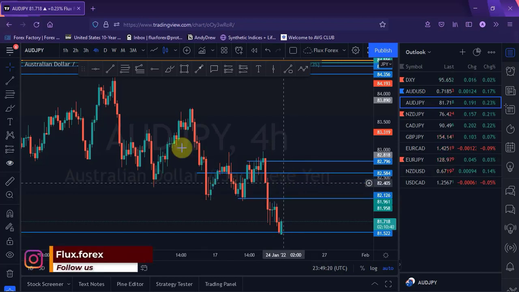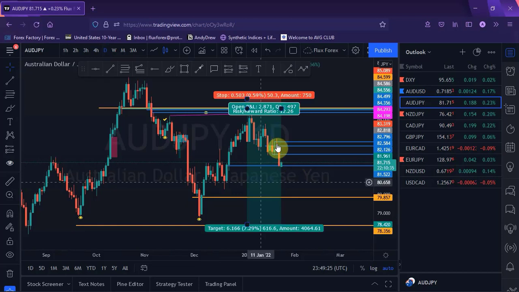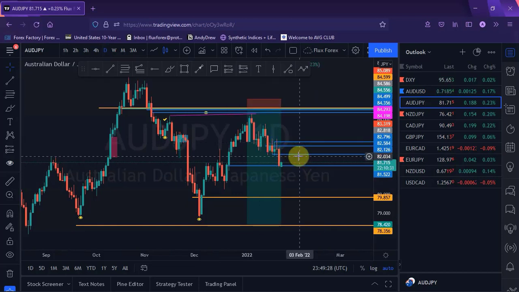Thursday evening, looking at how this pair was reacting, what came to mind was that it seems it's not ready to move to the downside.